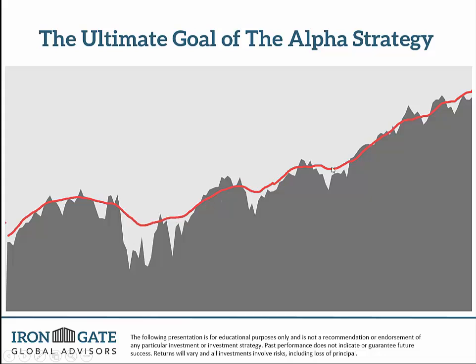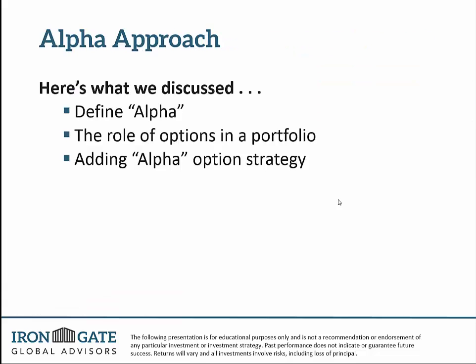But at the end of the day, the probabilities of the spread should work out over time. And I'm not talking 6 months, a year, but years, right? Over time, the probabilities work, and you should enhance returns. So you're reducing portfolio volatility, you're adding to your returns. That's the ultimate goal of this alpha strategy.